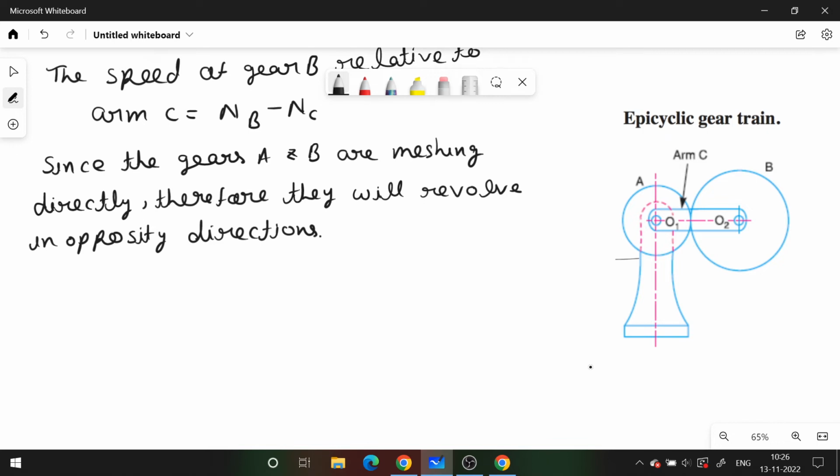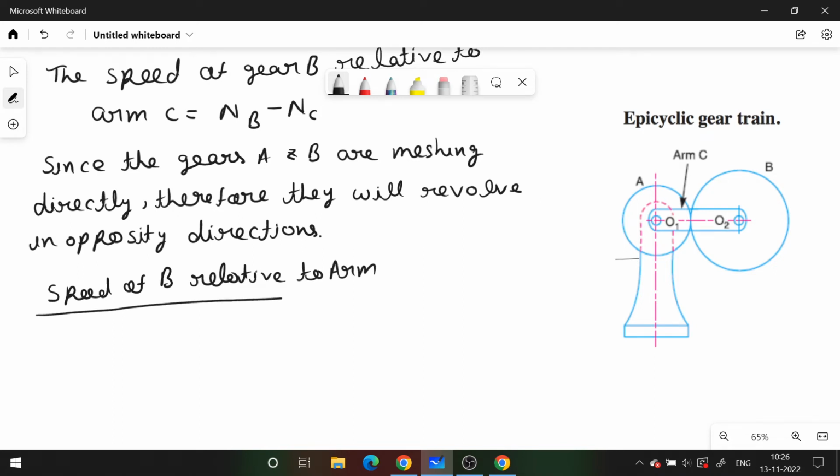Therefore mating gears A and B have speed ratio: speed of B relative to arm divided by speed of gear A relative to arm is equal to minus number of teeth of gear A divided by number of teeth on gear B. Here the minus sign shows that gear A rotates in the opposite direction of gear B.